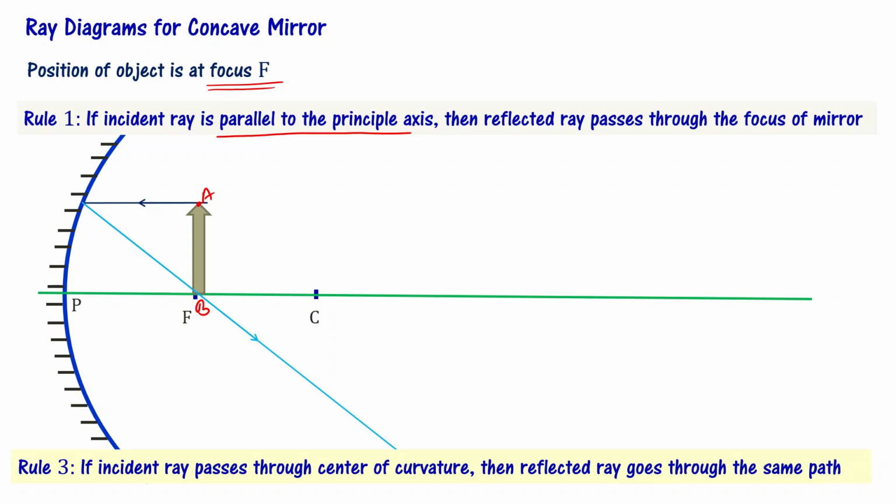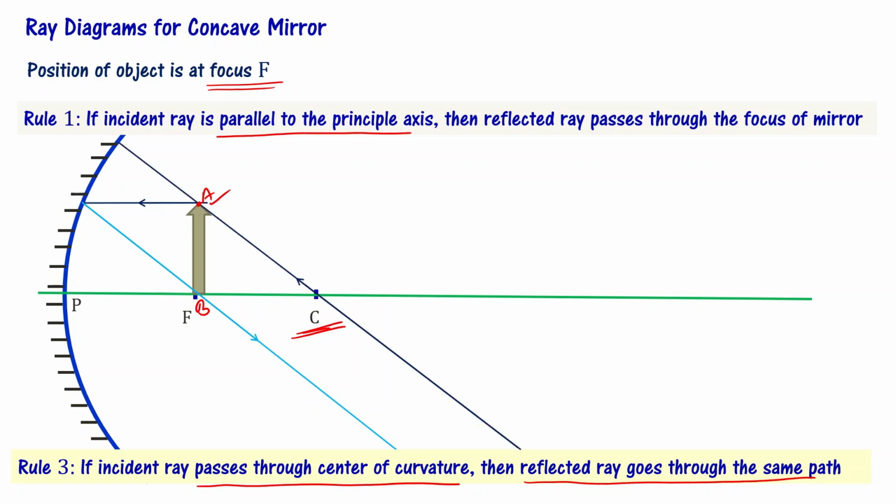That rule number 3 says, if incident ray passes through the center of curvature, center of curvature means C, right? If the incident ray passes through this, then the reflected ray is going to also pass through the same path but in the opposite direction. Please note this. So let me draw an incident ray that is going to pass through center of curvature and A, right? Because we wanted to represent A. So let me draw that.